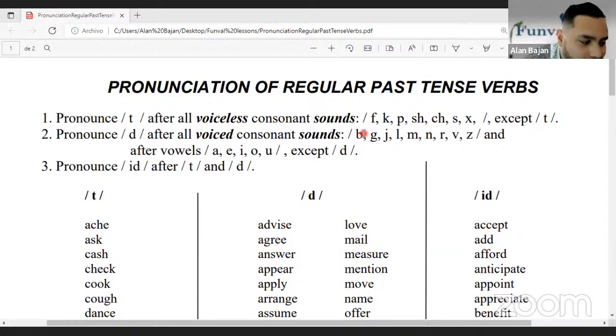For example, we have the sound of the F, K, P, SH, CH, S, and X. Exceptions, T.